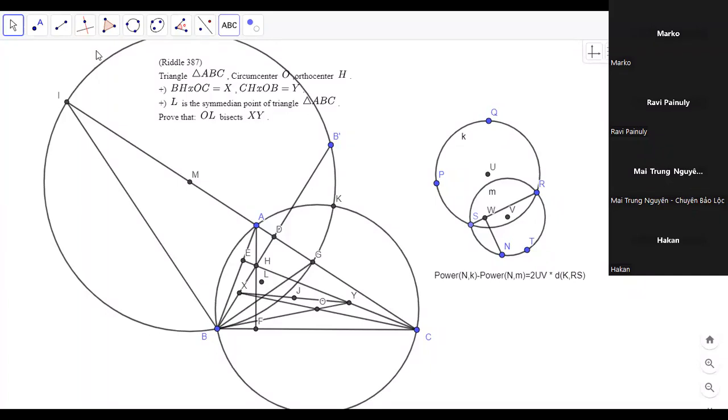So the distance, that would prove it. Oh, if we could show the distance of X and Y to OL.